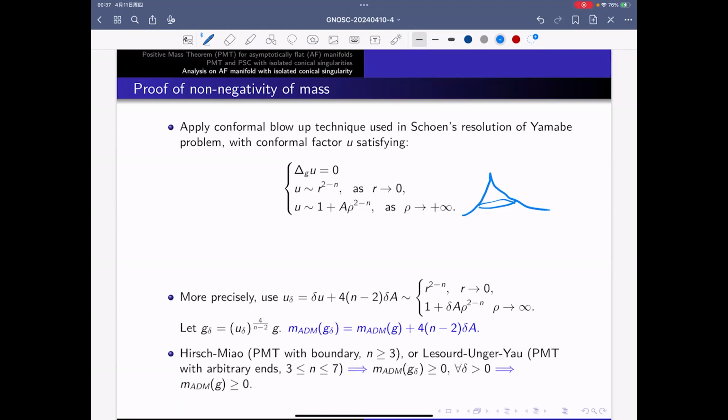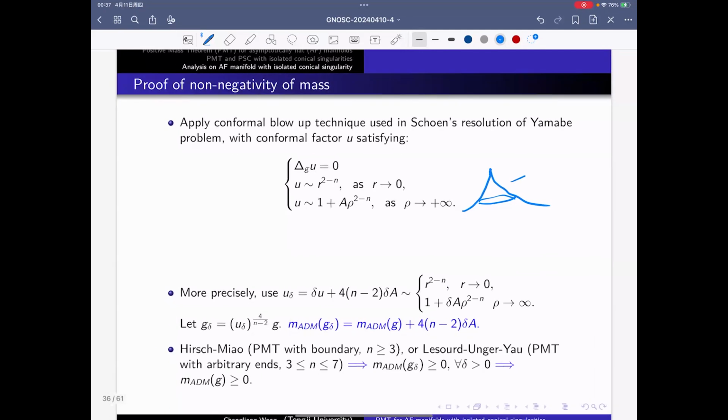The main thing is to blow up this conic singularity to an asymptotically conical end, while keeping the asymptotically flat end.